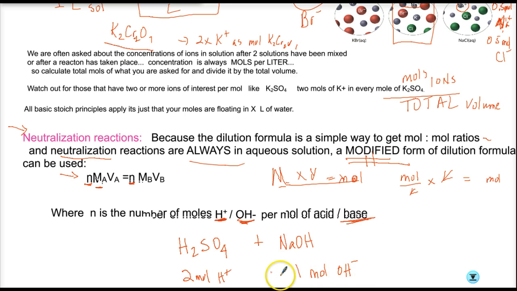So you have to use 2 of these for every 1 of those. But what do I need to double? I need to double this one right here. You just have to use common sense to know that and think about your molar ratios, all right?